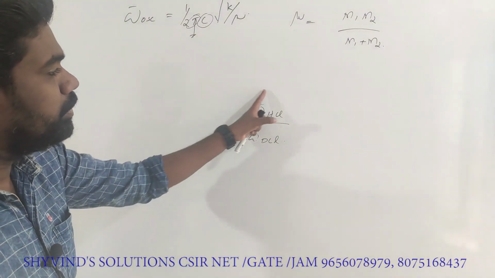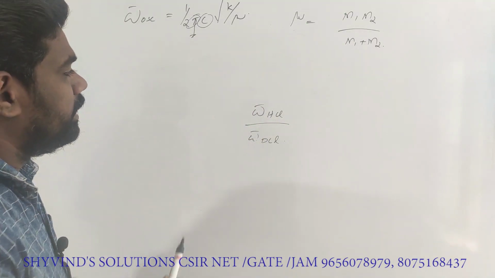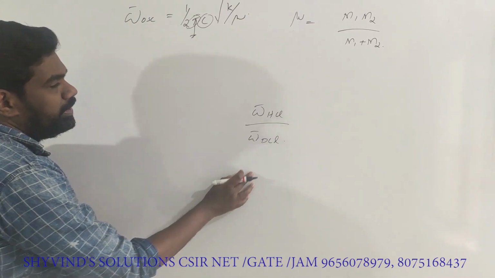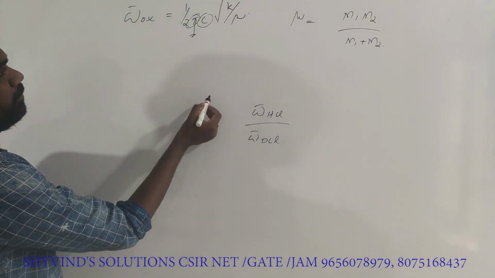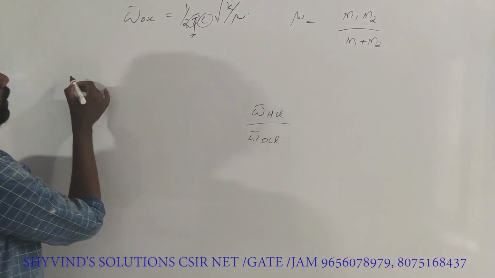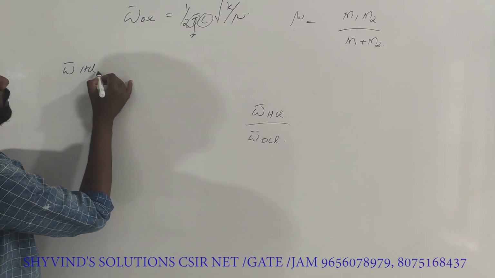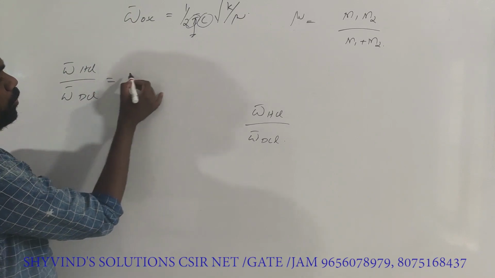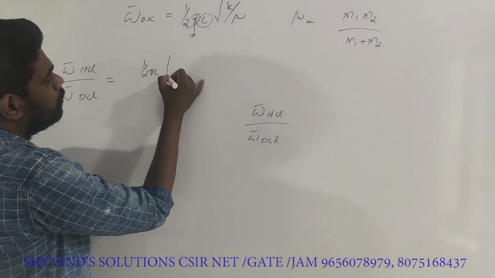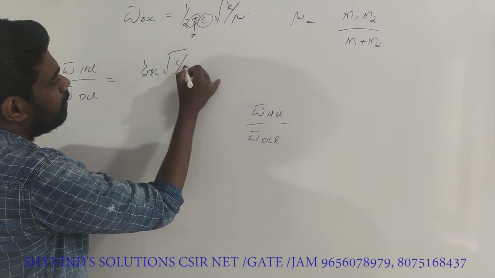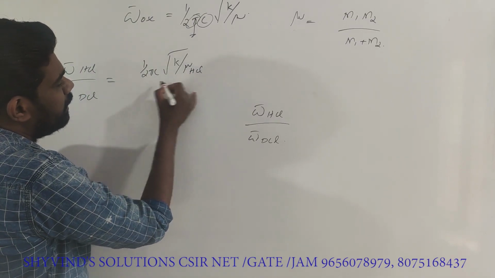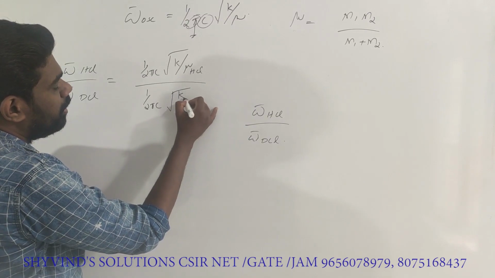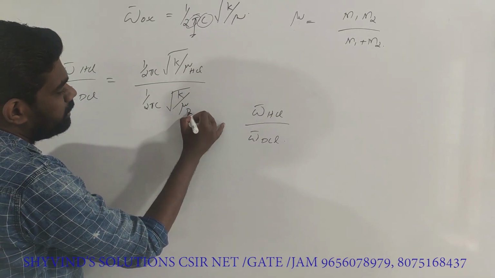Okay. So now we should find out the omega bar oscillation of HCl divided by omega bar oscillation of DCl. From this equation, you can say omega bar oscillation of HCl divided by omega bar oscillation of DCl will be equal to 1 by 2 pi c into root of k by mu HCl divided by 1 by 2 pi c into root of k by mu DCl.